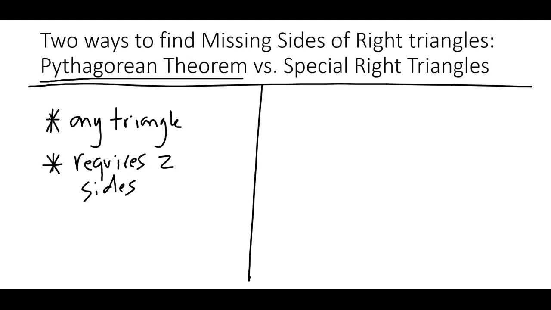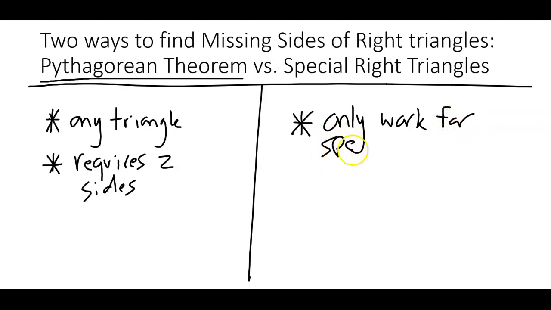Okay. Now, special right triangles are a little bit different. They don't work for any triangle. They only work for special right triangles, the 30-60-90 and the 45-45-90. So it only works on those special types.